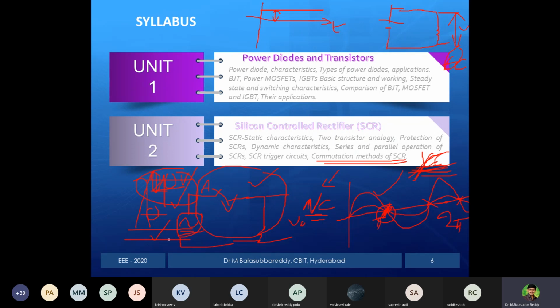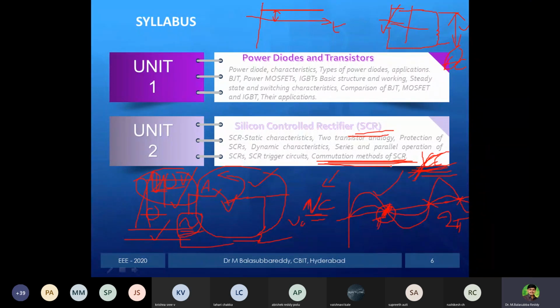So this is the second unit. Here all the things deal only with this, not this. This is under the third unit. Input is DC means third unit, I told you. For the previous slide, I mentioned SCR. These are all the commutation circuits. Commutation circuit means off. How is it going to be off?